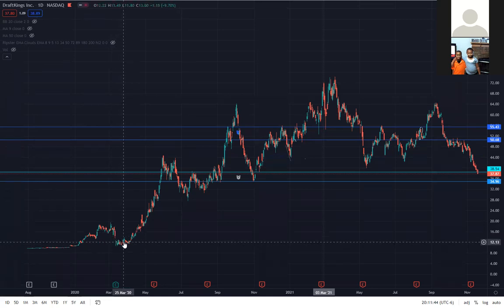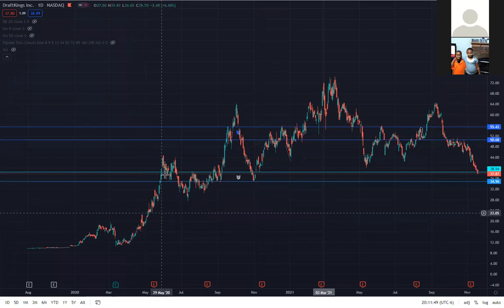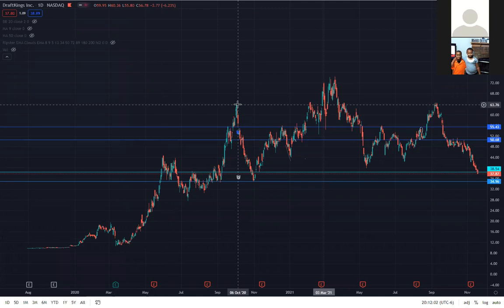But every time you're going up and doing that staircase, it's very healthy, and that's what leads to the parabolic growth that DraftKings had. You see June 20th, it already reached $40. It reached its next peak in October of 63.73. And then the all-time high on DraftKings was $74 back in March.